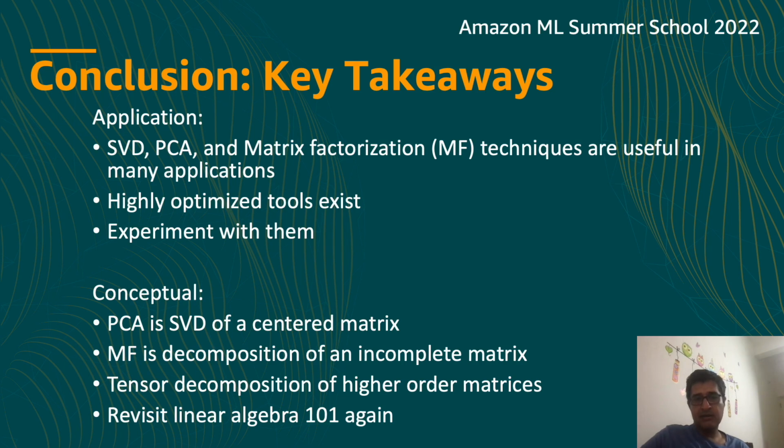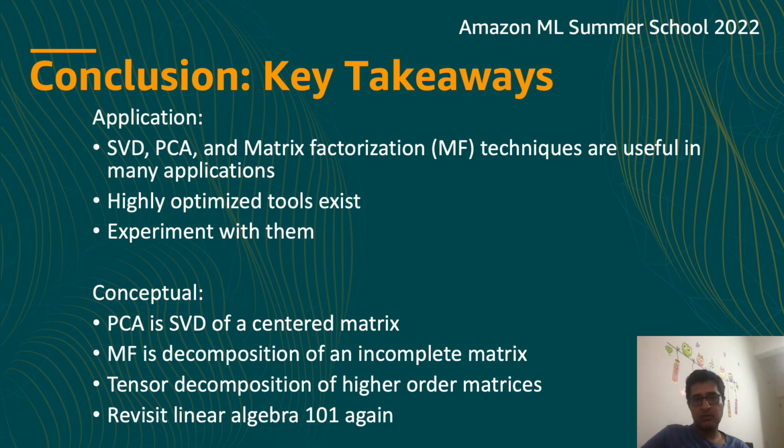Many of these, like the matrix factorization solution to recommendation systems, are actually the state of the art for giving movie recommendations, right? And just to revise what we have learned in terms of the conceptual items that we went through: PCA is your singular value decomposition of a centered matrix.